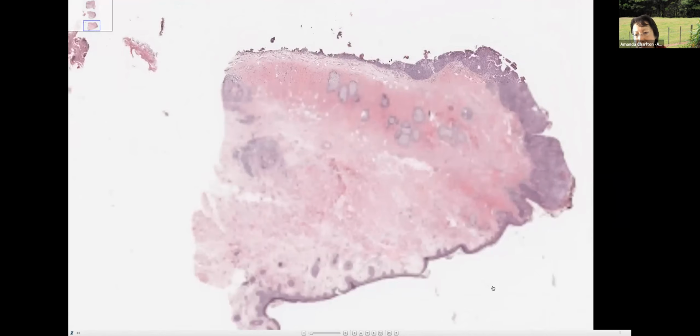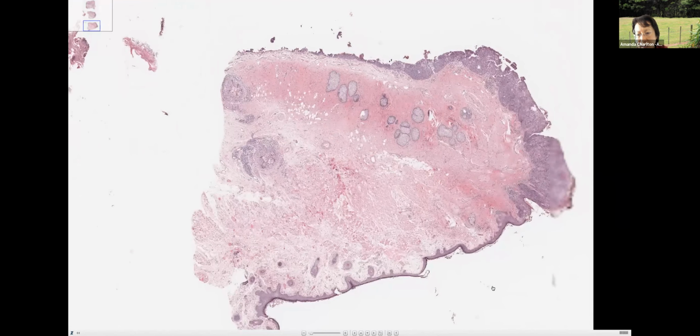I'll just wait for that to render. Looking at it at low power, the conj surface is superior and the skin surface is inferior, and the eyelid margin is over to the right. At the eyelid margin and extending onto the conj surface, there is a thickening of the epithelium.